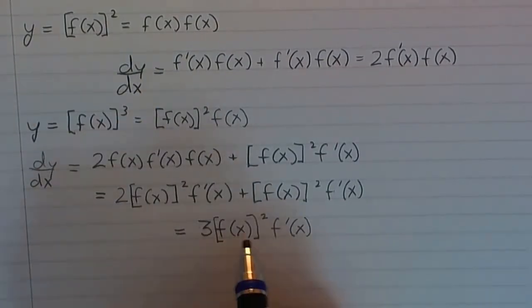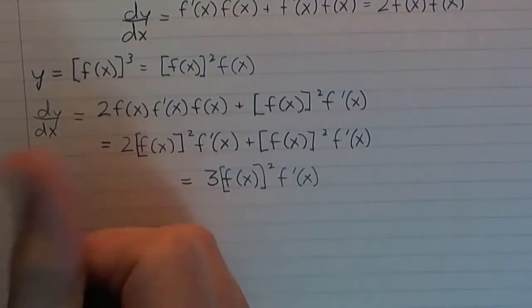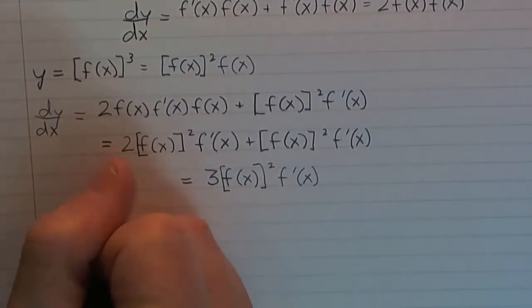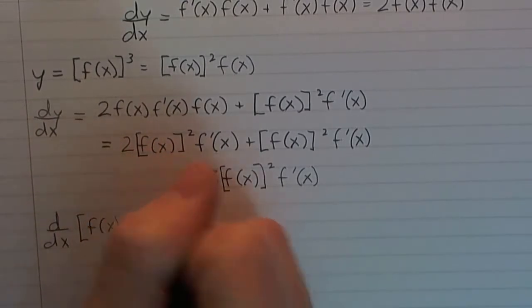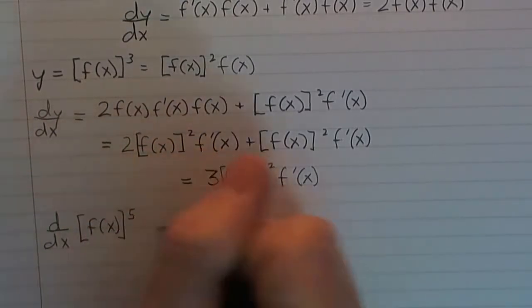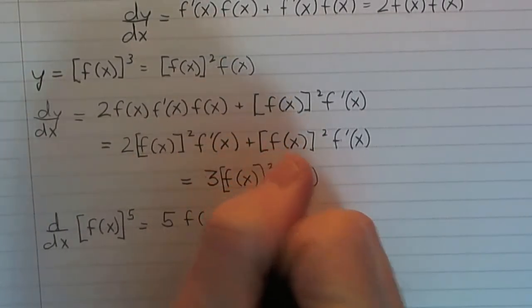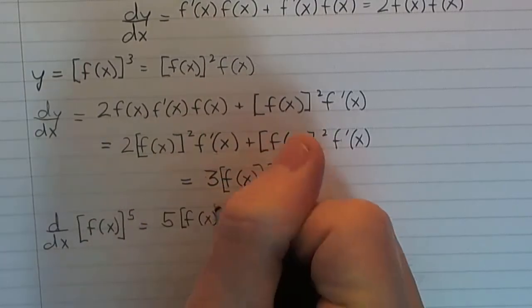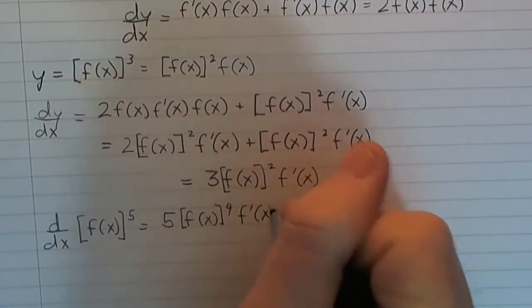Now we could go on and on with this, but what we would find is that if I want the derivative of, let's say, f of x to the fifth, this is going to be 5 f of x to the fourth f prime of x.